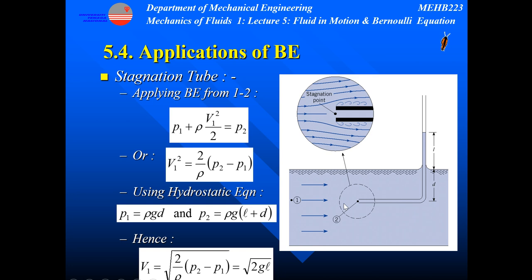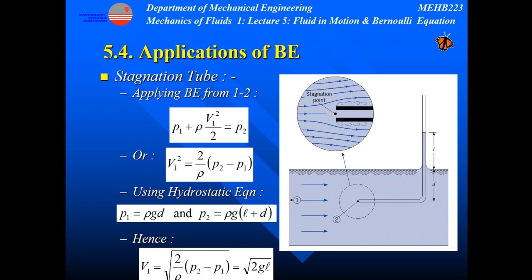If you want to calculate any of the parameters here, you should use the Bernoulli equation, applied to 2 points: one before the tube and one at the entrance of the tube. Before the tube I put as point 1 and at the entrance as point 2.